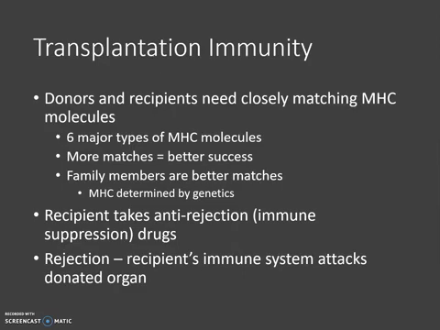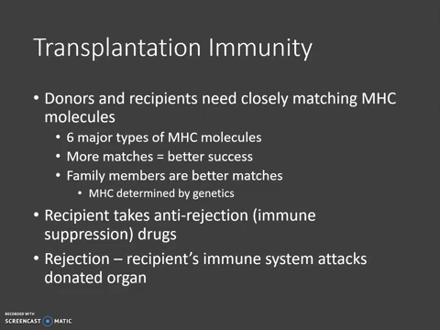Now, this also has to do with someone donating an organ. So, for example, if someone donates a kidney to you, that's a really awesome thing that you're getting this donated kidney so that you now have a functioning kidney.